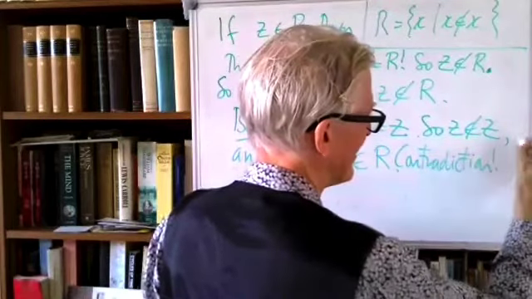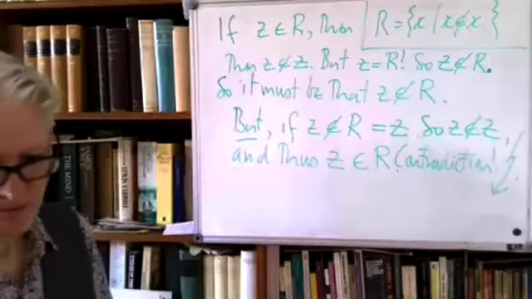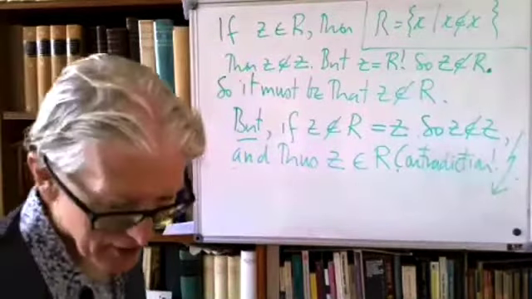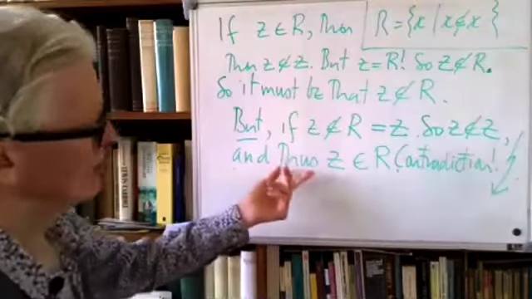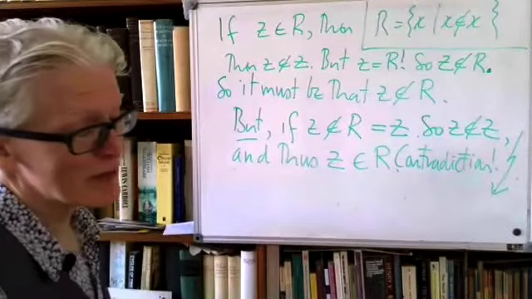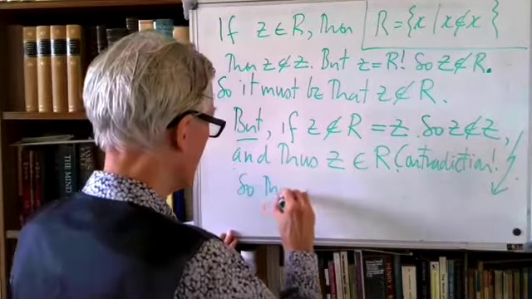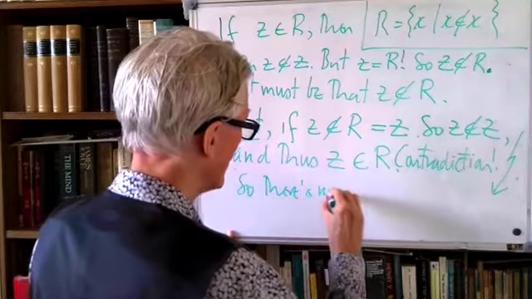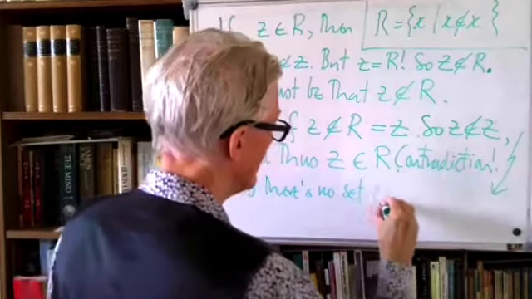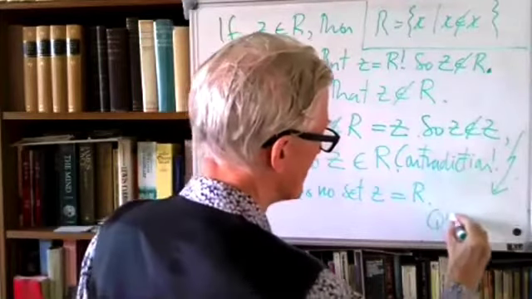Bolt of lightning. Then our supposition overall, that R could be a set, was wrong. So R is not a set. There's no set Z equal to R, which is what we were trying to show.